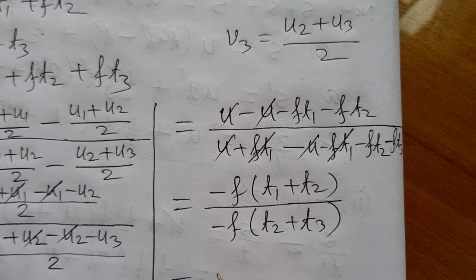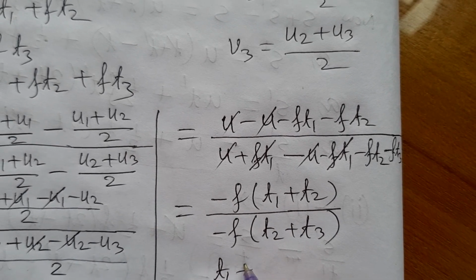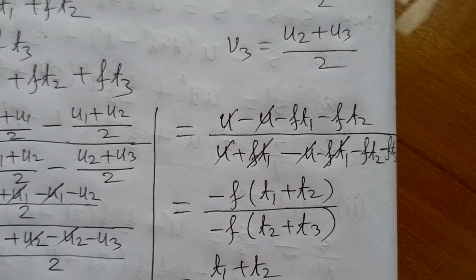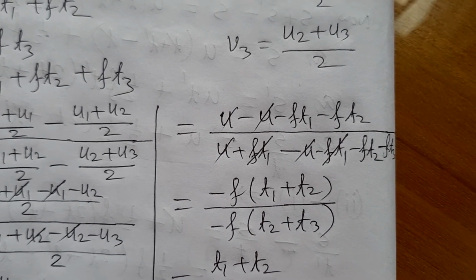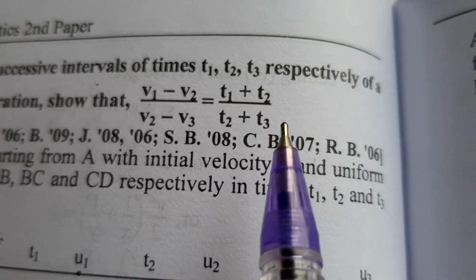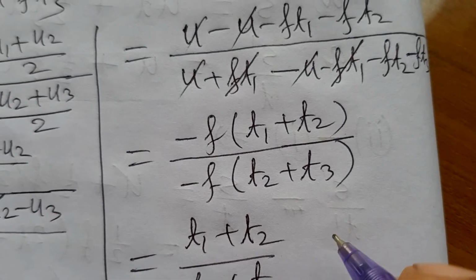So minus f cancels, and finally we get (t1 plus t2) by (t2 plus t3), which is the right side. So finally we get this, so proved.